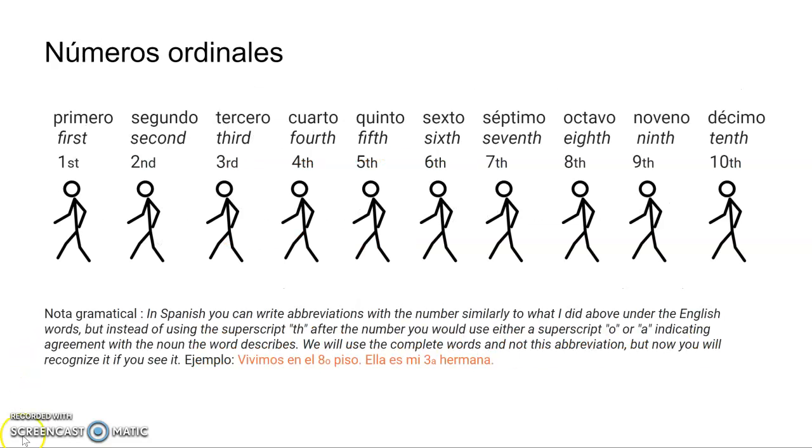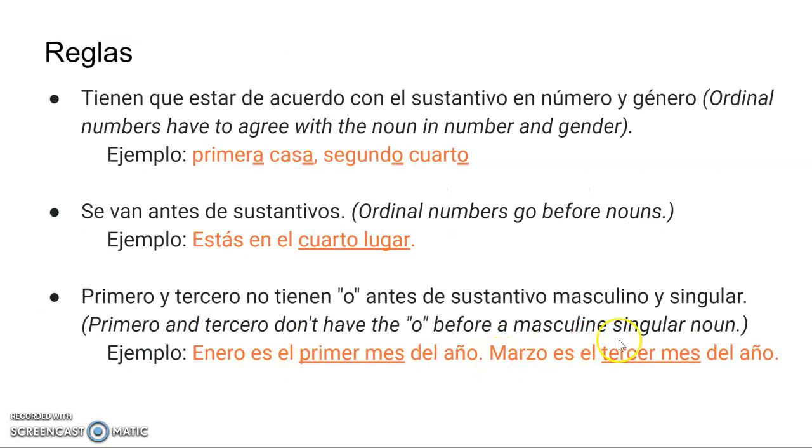So let's look back here at our list. We have primero, segundo, tercero. Primero and tercero are the only two that act this way. You can see all the others have that O. And whenever they're written with an A, primera, segunda, tercera, they will have that A as well. But in the case of a masculine singular noun, you will take off that O.